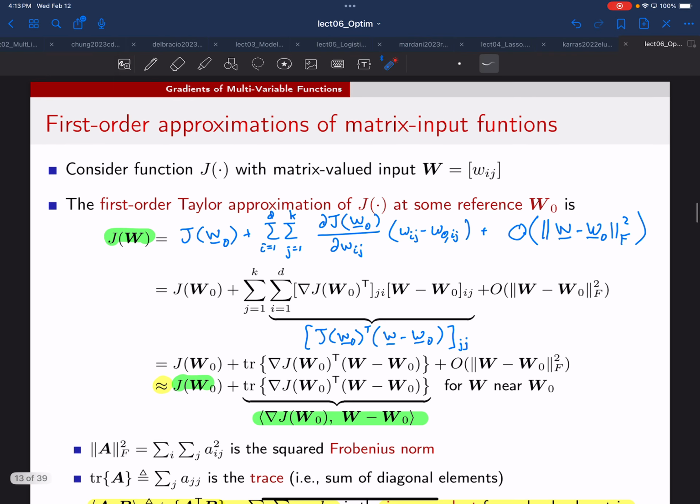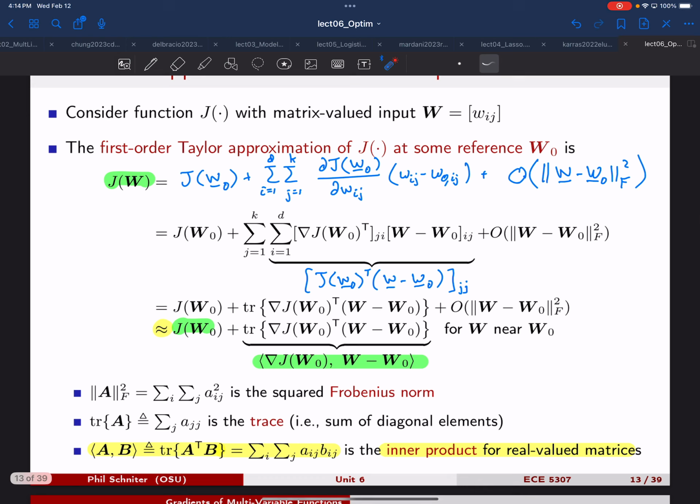Then we repeated this for matrix input functions. Here, when we do the Taylor series, that first term is a double sum over scalar derivatives of the cost with respect to each of the entries in that matrix. We found that we can also write this in terms of the inner product between the gradient and the deviation. So this is sort of a universal way to look at that middle term. What changes is the definition of the inner product as you go from vectors to matrices.